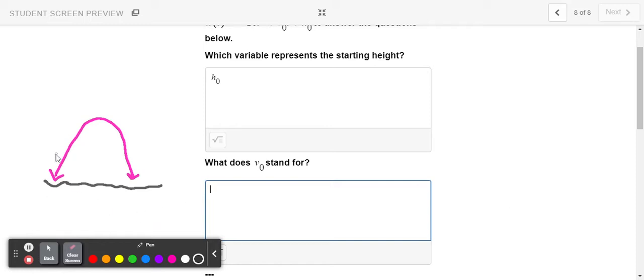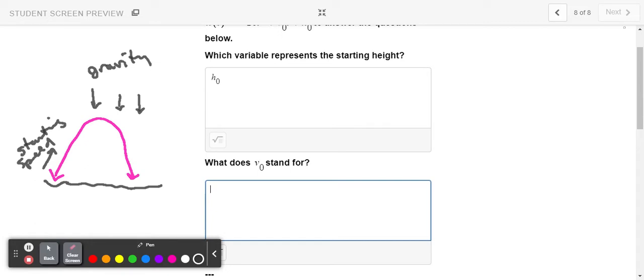Well, you need to have a starting speed, whatever you launch it at, and then gravity is going to pull it back down. So it's going to get launched with the starting speed, and then gravity is going to pull it back down.